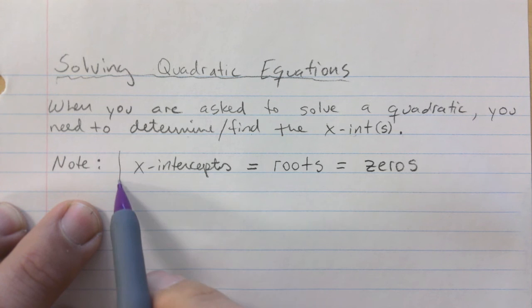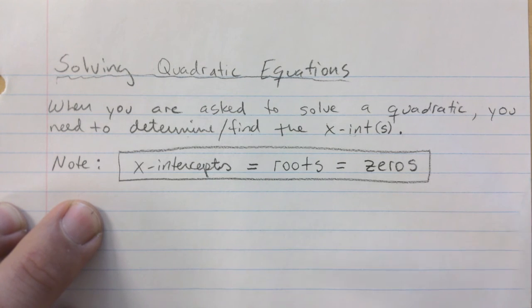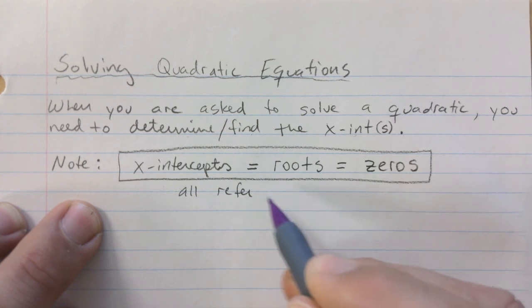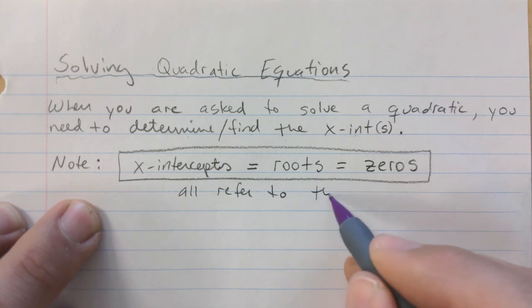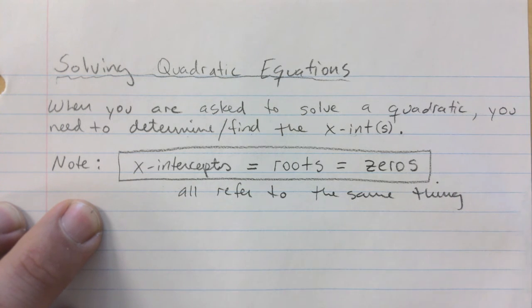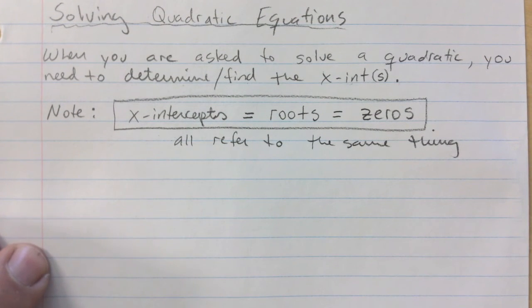They all mean the same thing. They all refer to the same thing. So don't let that throw you off. X-intercepts is the same thing as saying roots.